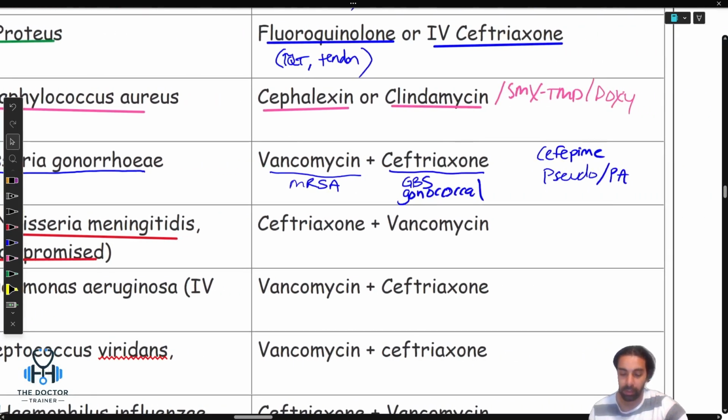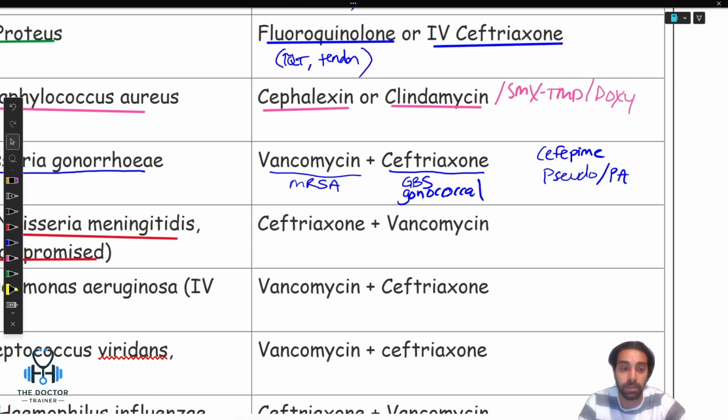The typical treatment is empiric, and these are all empiric by the way. Once you get specific findings like cultures and susceptibilities, then empiric goes out the window and you have to do more specific treatment for that particular patient. But if the patient just came to the ED with that type of scenario, you start with empiric treatment.